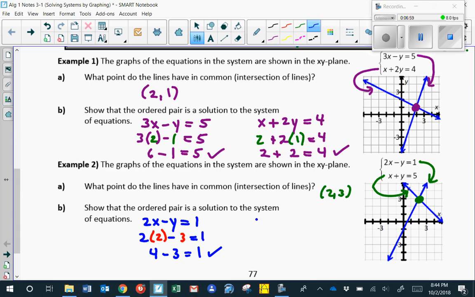Our second equation is x + y = 5. So if I replace the x value with 2 and the y value with 3, we get 2 plus 3 is equal to 5, which is true. So the ordered pair is a solution to both equations and therefore a solution to the system of equations.